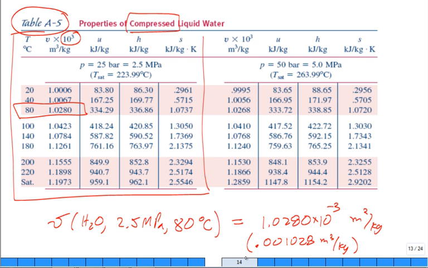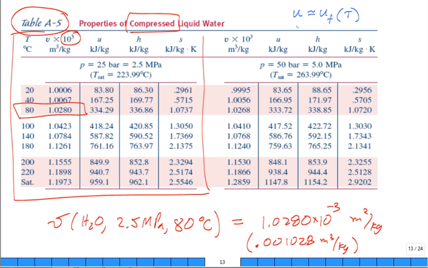Yes, sir. How would we solve problems where the pressure is significantly less than 25 bars, like one of the homework problems? Okay, a couple approximations that we'll use: when it's not very high pressure and you need U, just get the saturated liquid value as a function of temperature, and neglect the effect of pressure.